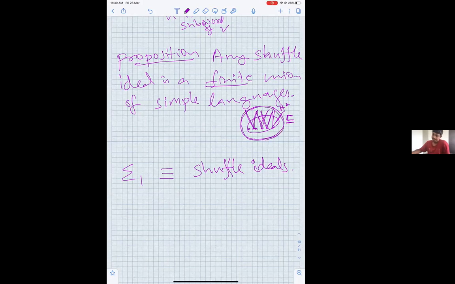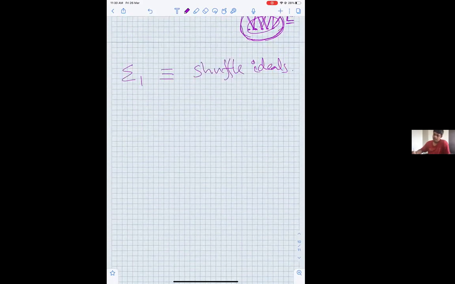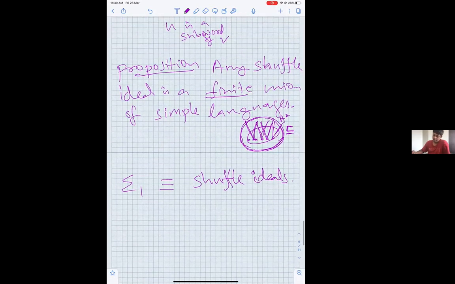But for today, we can do a simple automata theoretic proof. The proof is very simple. I'm going to assume that the shuffle ideal is regular.